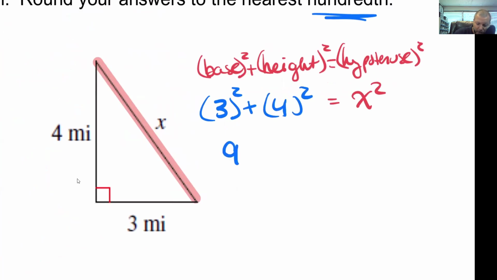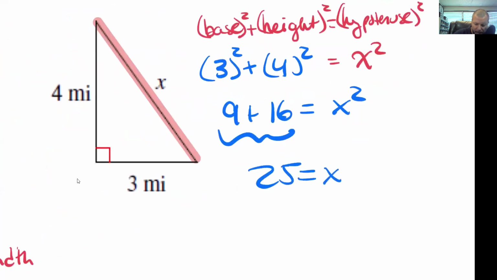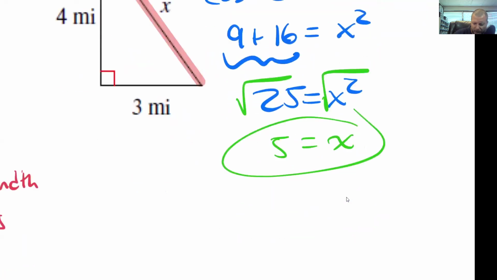So I'm going to get 3 squared, which is 9, and 4 squared, which is 16. Remember, add before square rooting. 25 is x squared. Let's hit this side with a square root because we need to undo squaring over here. And so x is equal to 5. So we're going to get 5 miles right there.